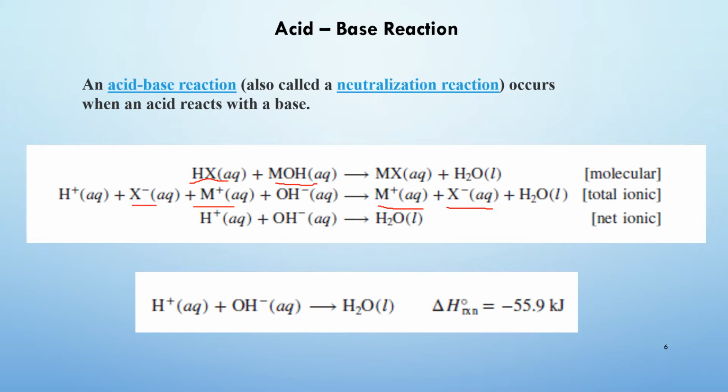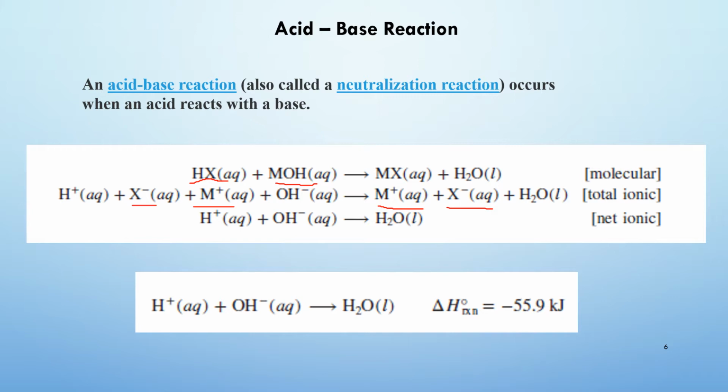So for all the acid-base reactions between strong acid and strong base, we can say that the net ionic equation will always be proton plus hydroxide gives you water. But if it involves a weak acid or weak base, it's no longer the case.